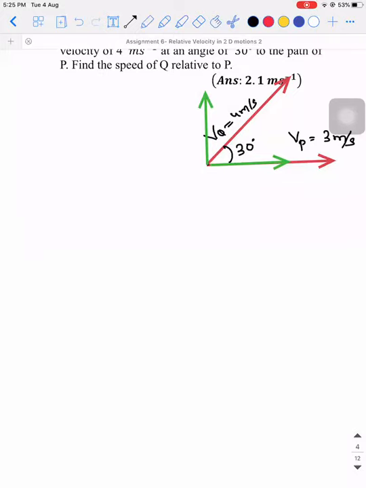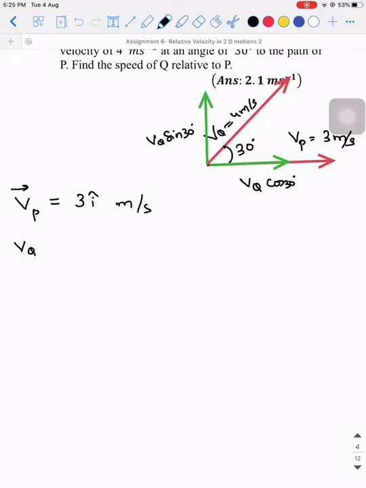Of vector Q. So what should I write? VQ cos 30. Very good. Then this will be VQ sin 30. That's right. So if I try to write velocity of P as a vector, what will the answer be? Velocity of P in the vector form will be 3 i cap, since P is chosen in the direction of i cap.